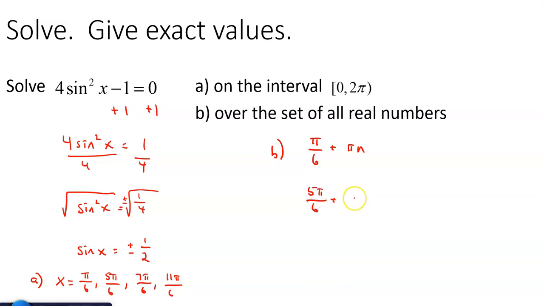If I add a pi to that, I get 11 pi over 6, and so forth. So I can actually take all four of those answers, cut them down to just 2, because pi over 6 repeats at 7 pi over 6 if I add pi. 5 pi over 6 repeats at 11 pi over 6 if I add pi. So over the set of all real numbers, those are my solutions for x.